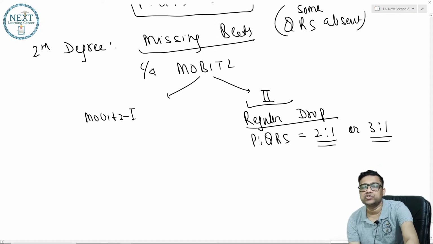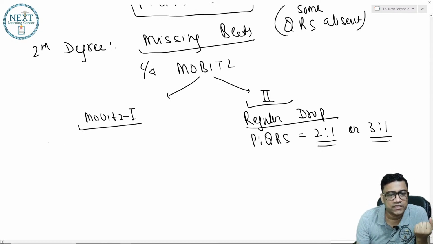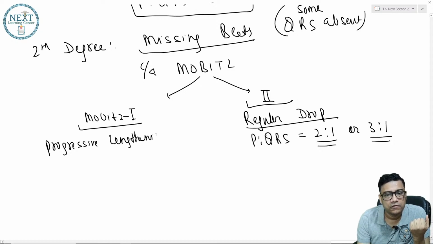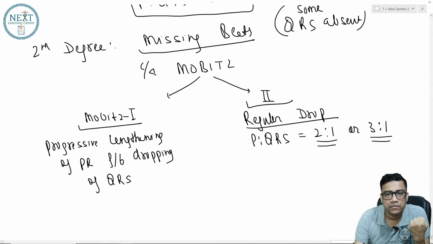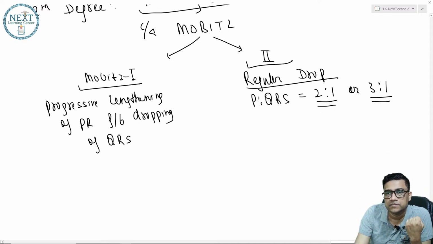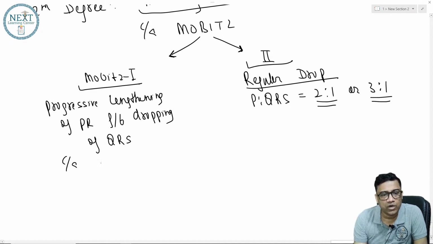In Mobitz 1, what happens is there is progressive lengthening of PR followed by dropping of the QRS. This is called the Wenckebach phenomenon.